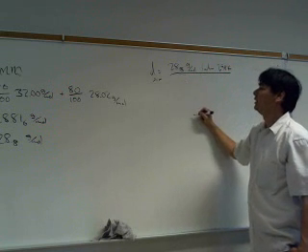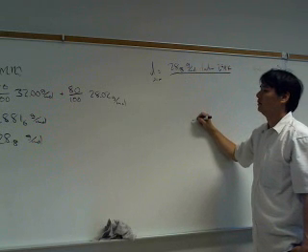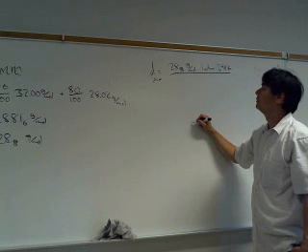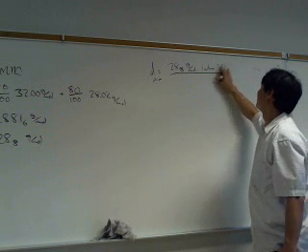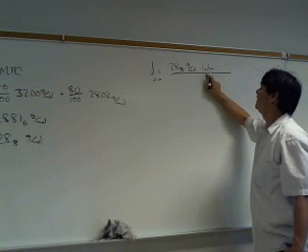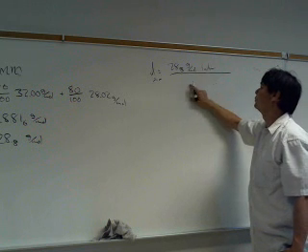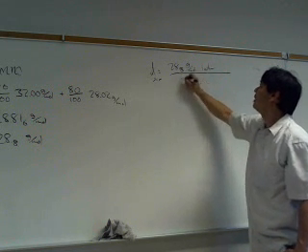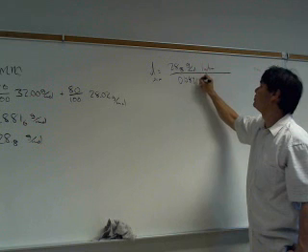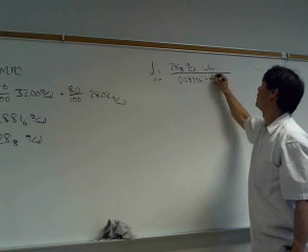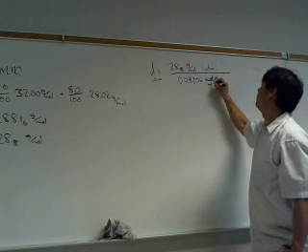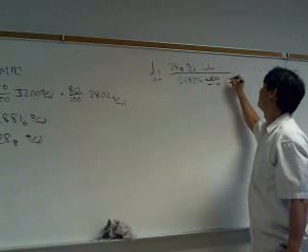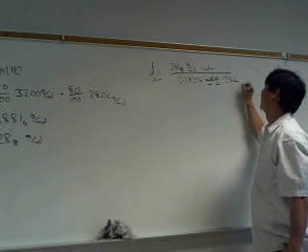Wait, is that right? Molar mass times P over RT, that's right. R is 0.08206 liters times atmosphere per mole Kelvin times T, 298 Kelvin.